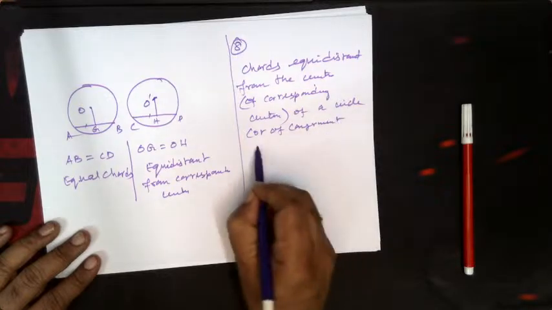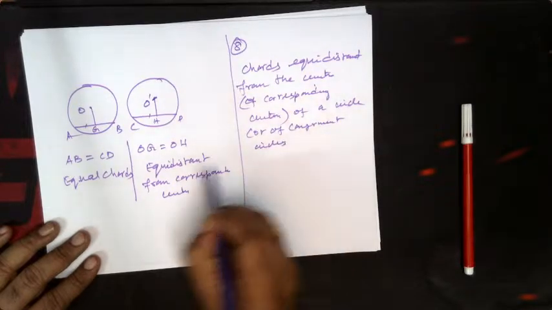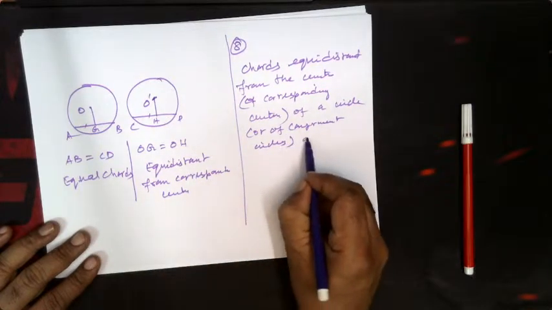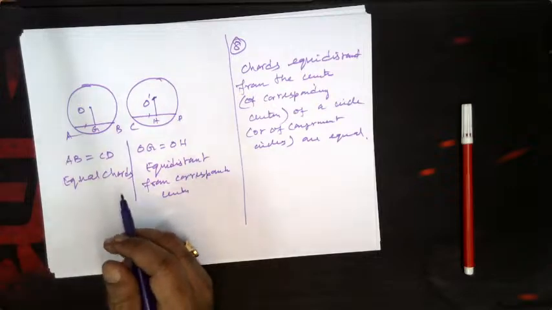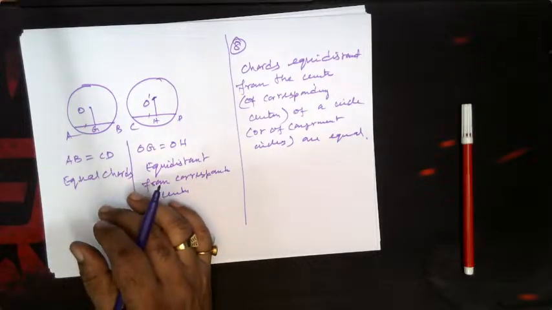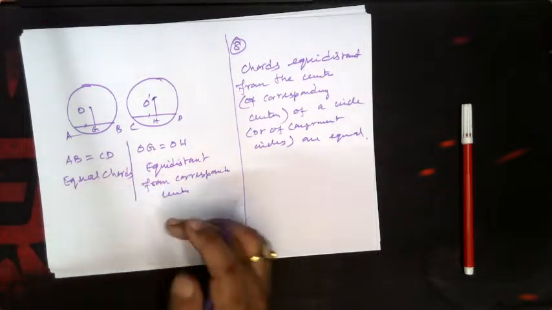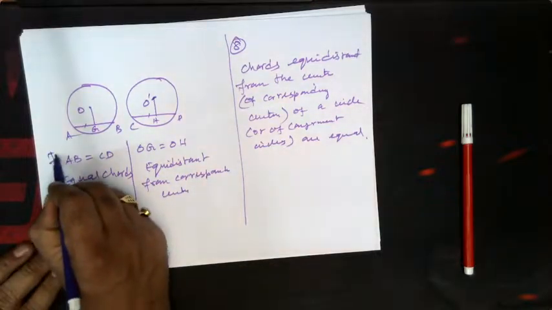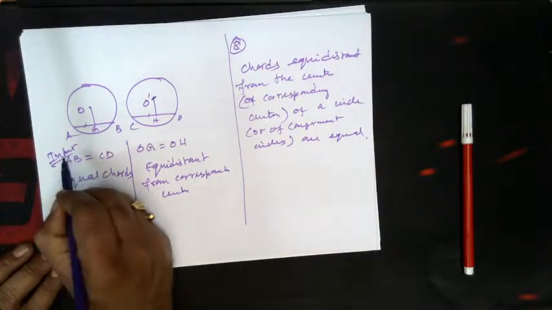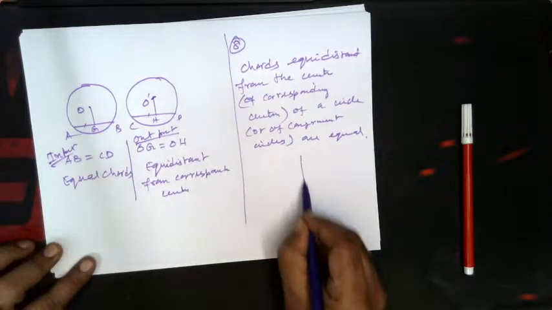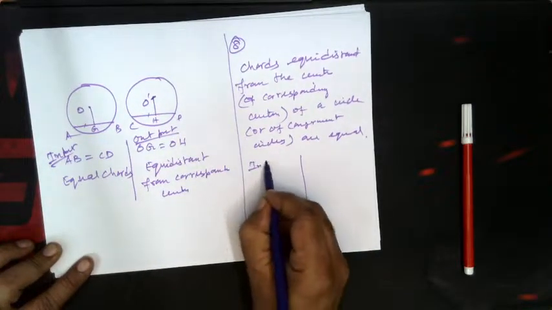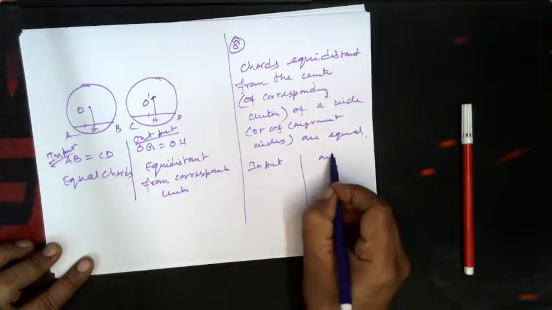Congruent circles are equal. So what do you mean by this? This is nothing but the converse of the previous theorem. In this case, this is the input and this is the output. You can interchange this, input and output.